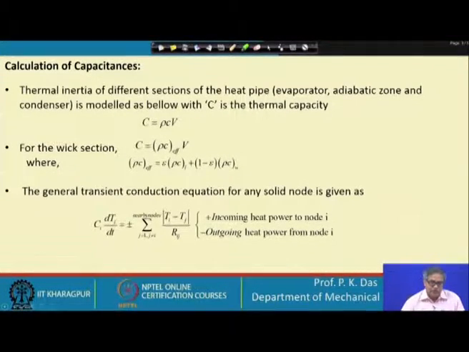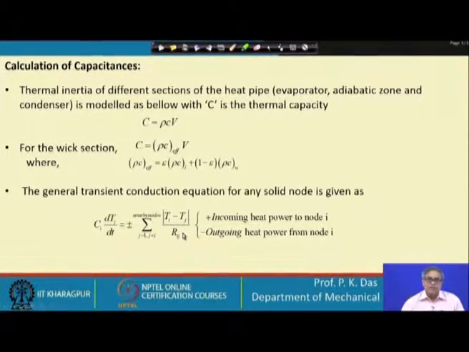And this is how one can set up an equation. This is the thermal capacitance, this is the temperature of the node, small t is the time, this is the resistance of the element between two nodes i and j, and again T_i, T_j are the temperatures.